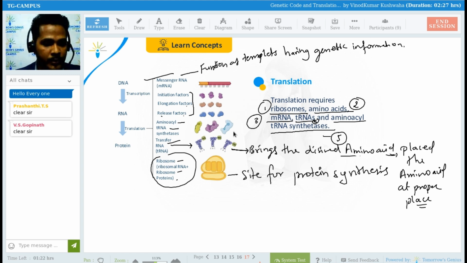Total three important functions. Very first, what is the function of tRNA? tRNA brings the desired amino acid. Second, this tRNA is going to read the genetic information. And third, it also places the amino acid at proper places. So simply, this is the first, this is the second one, and there is no place for writing the third.